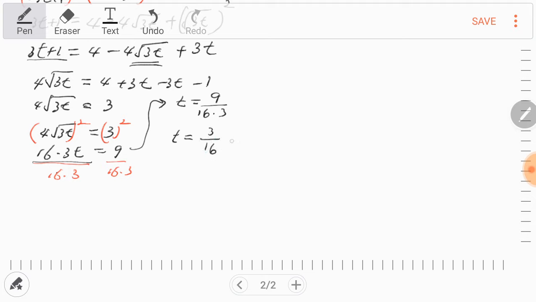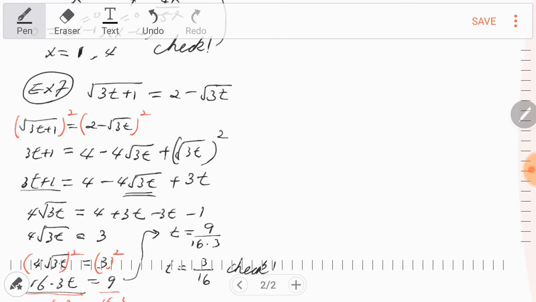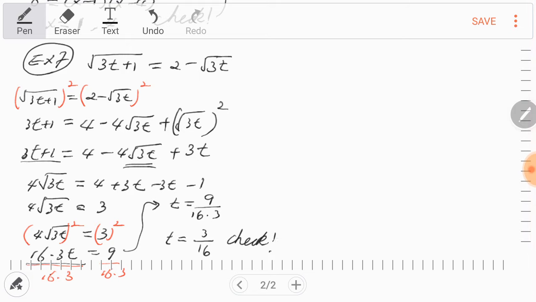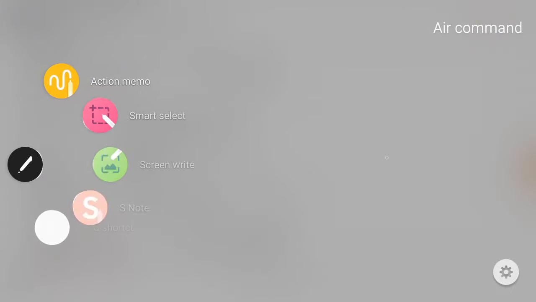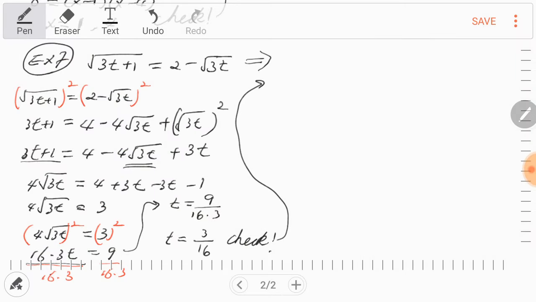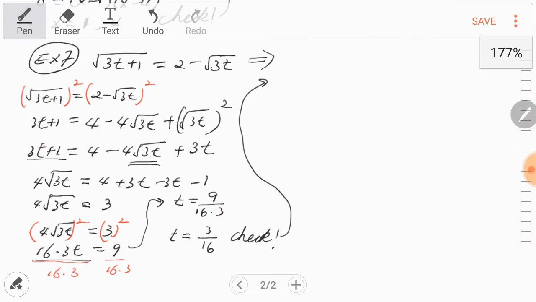And then let's check if this satisfies the equation. So let's plug in 3 over 16. Square root of 3 times 3 over 16 plus 1, is it equal to 2 minus square root of 3 times square root of 16?